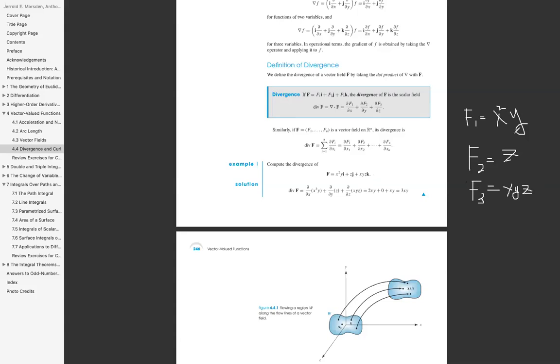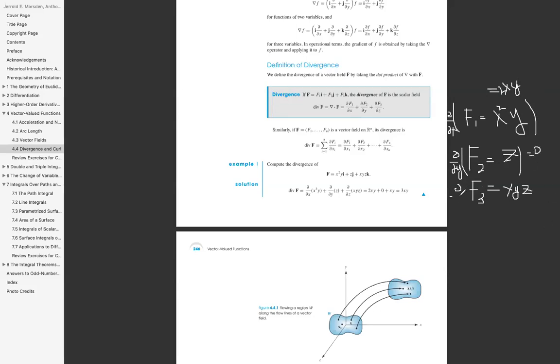All right. And the divergence, basically you apply the first partial on f1. So you apply the partial of partial x here, which is 2xy, and you add to it the partial of partial y of f2. Well, in this case, the partial y of z is just 0 because there is no y.